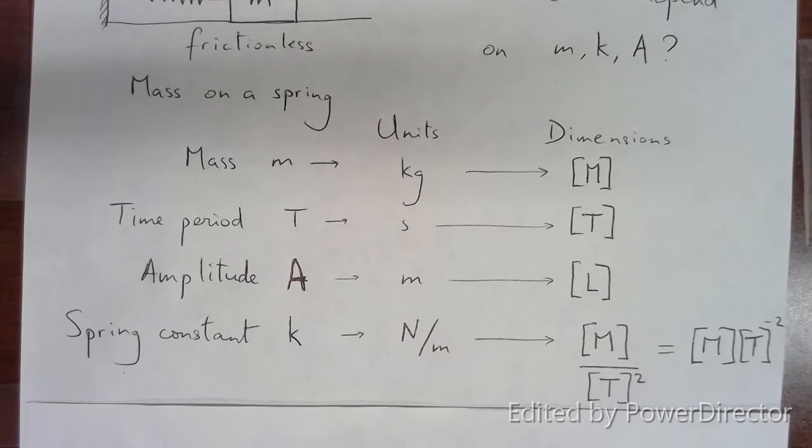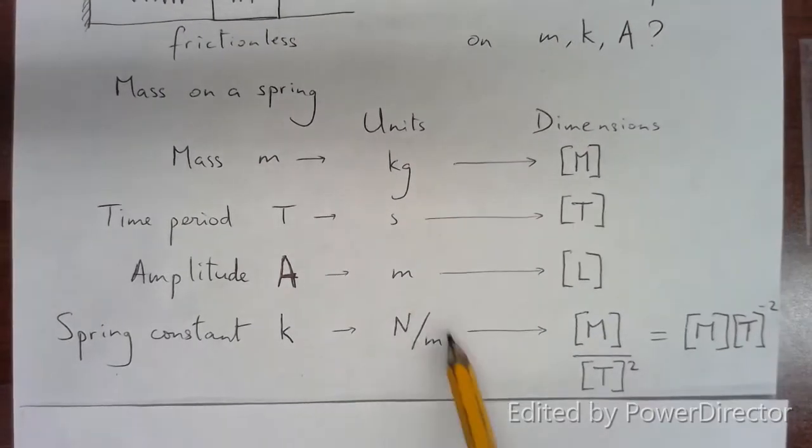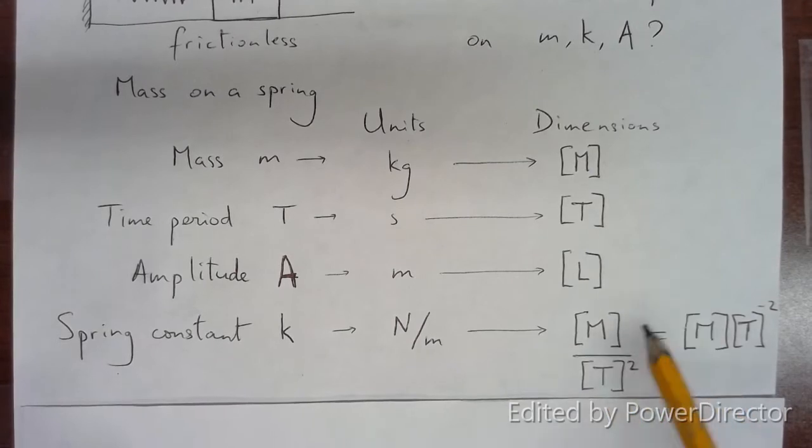And the spring constant, k, is in newtons per meter, but we will simplify it to dimensions of mass over time squared. So dimensions of mass and then dimensions of time to the -2.